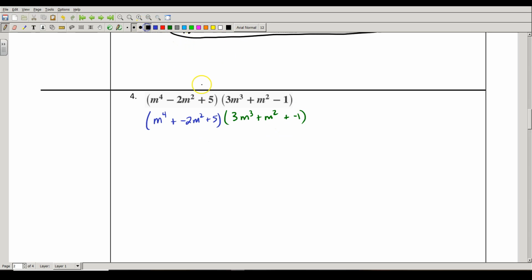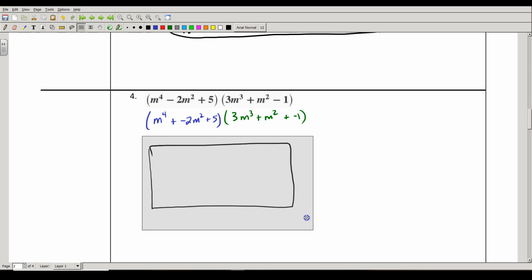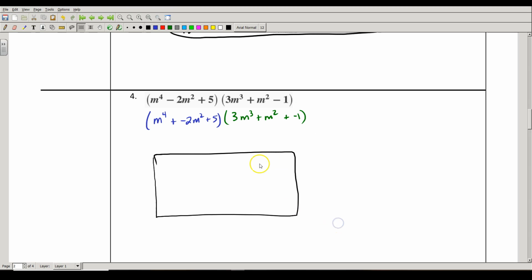So all I'm going to do is use an area model, or just a box model here. So here's what you do. You just draw a box like that. And basically on the left side or on the top, you can put one of the polynomials' terms.